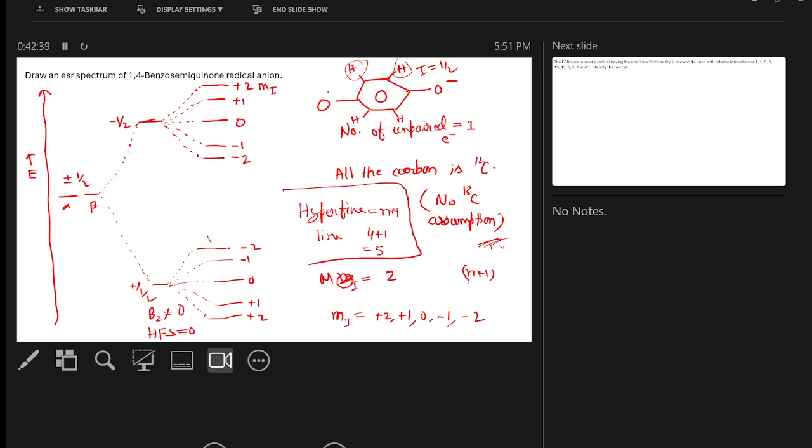So what did I mention? The transition between the same Mi value will be possible. So the first transition will be from here to here, the second transition from here to here, the third transition from here to here, the fourth transition from here to here, and the fifth transition will take place from here to the last one.